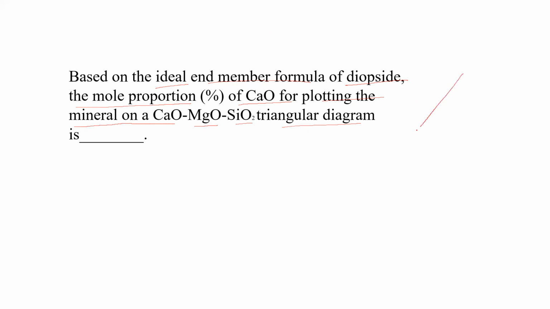So you have here a diagram, let's say CaO, MgO, and SiO2. This is our diagram, and you want to plot diopside here, and in that you want only the percentage of CaO.